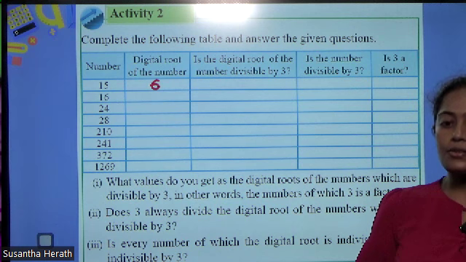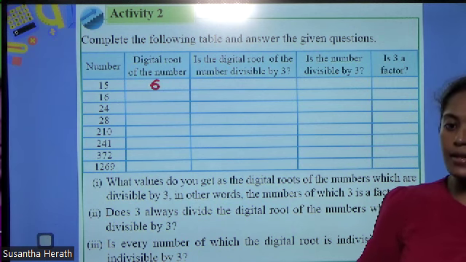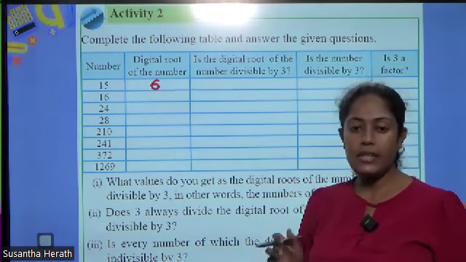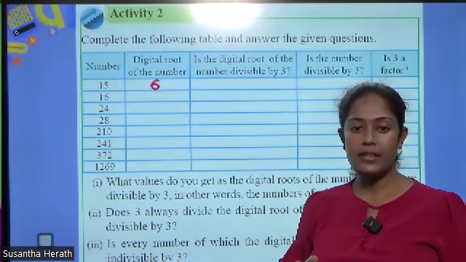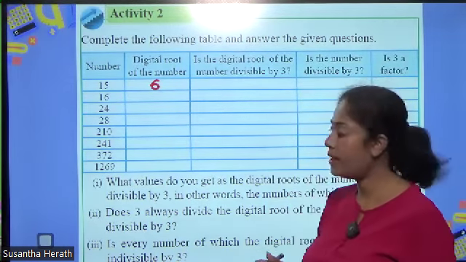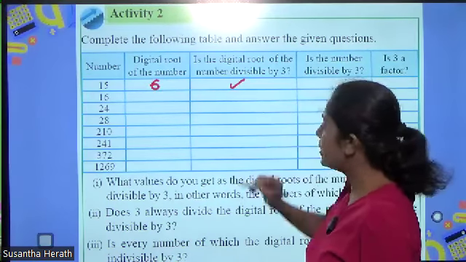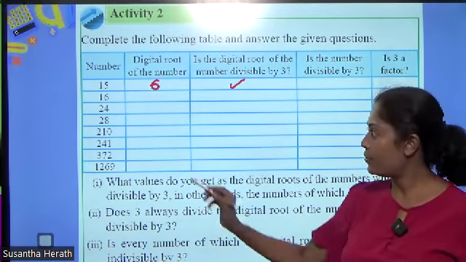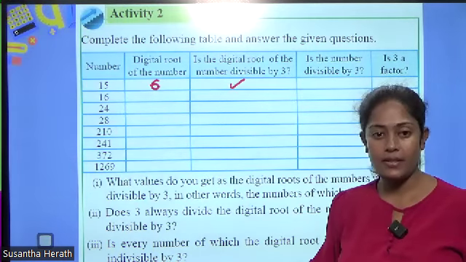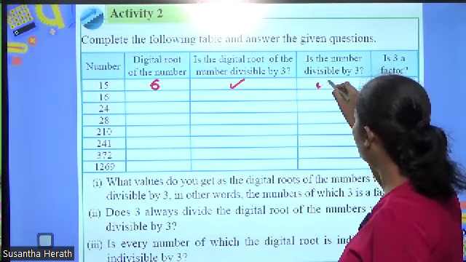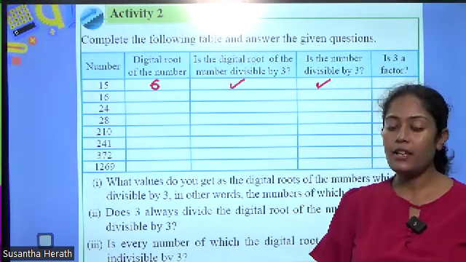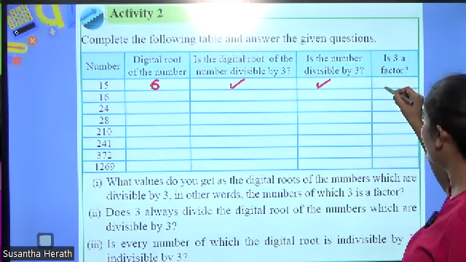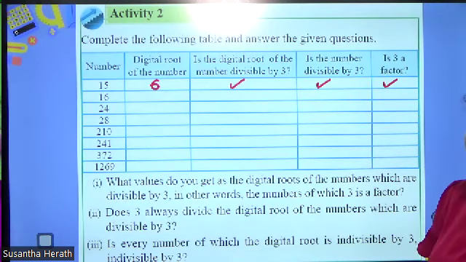Now 6 is the digital root. Can we divide by 3? Yes, then we can put a tick here. Is the number divisible by 3? We already know 15 we can divide by 3. Then answer is yes, I'll put tick. Is 3 a factor? Yes, 3 is a factor, right?